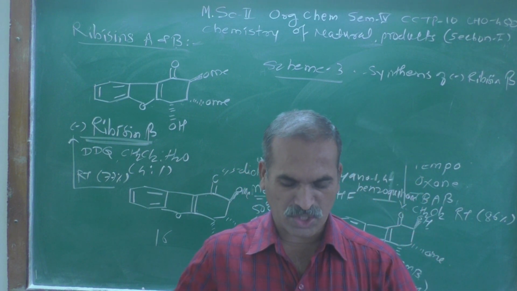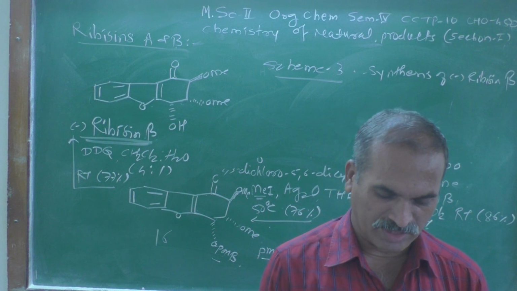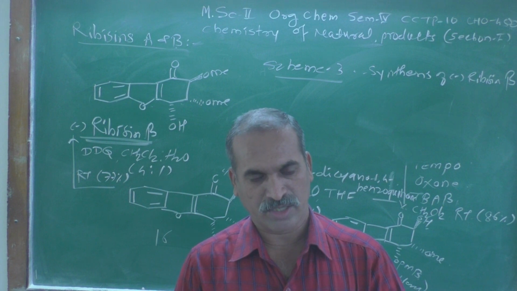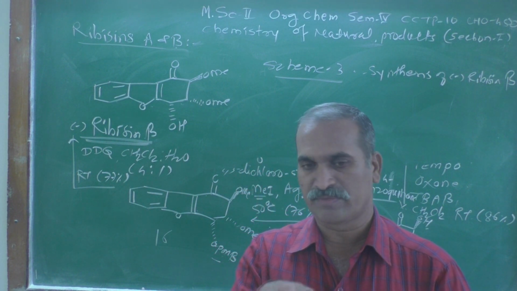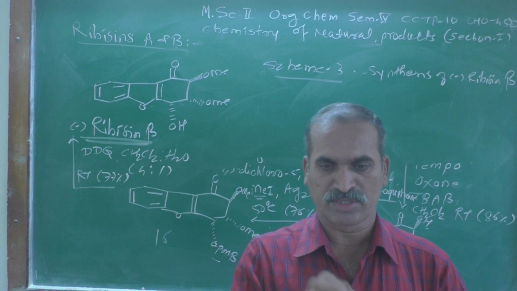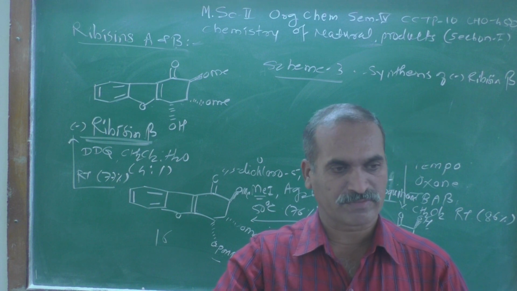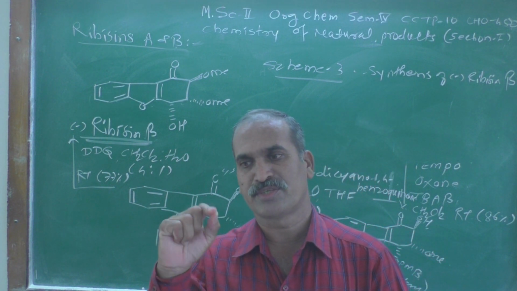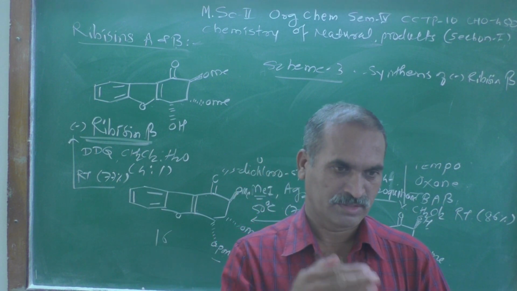The C1 hydroxyl group of diol 14 was chemoselectively oxidized. Chemoselective, as we know, means what? From many organic functional groups present within the molecule, only one particular functional group gets changed into the expected functional group.